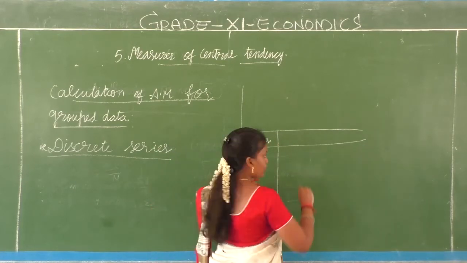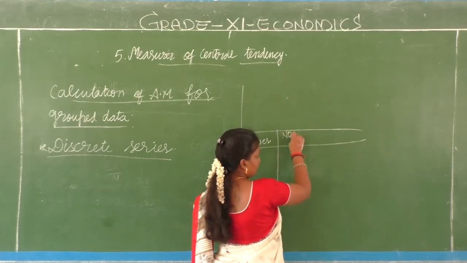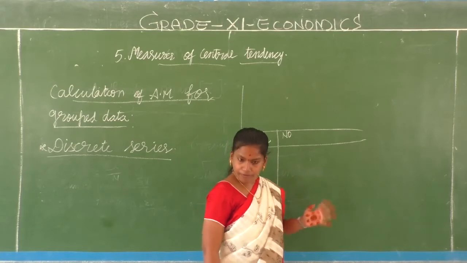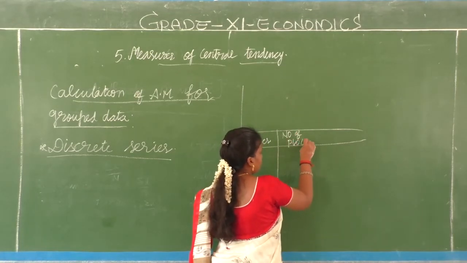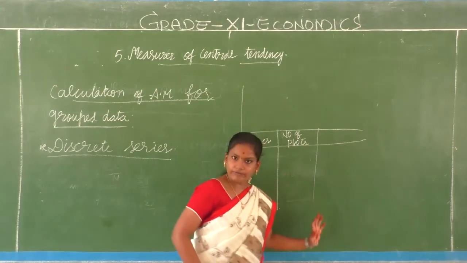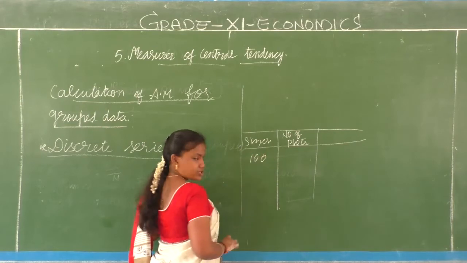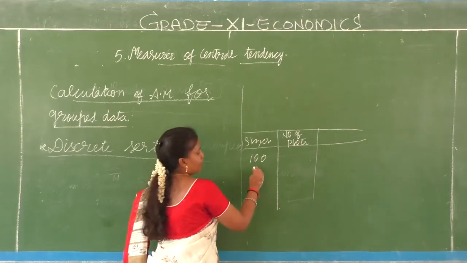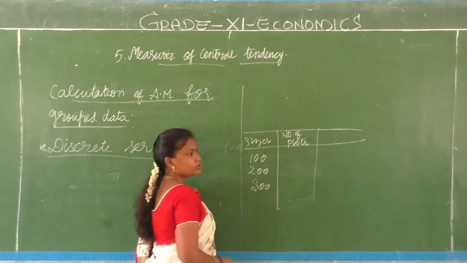Then what? We're going to have the number of plots. These two values are given. So we are going to take that up first. So we have 100 square meter. Then we have 200. And then we have 300.